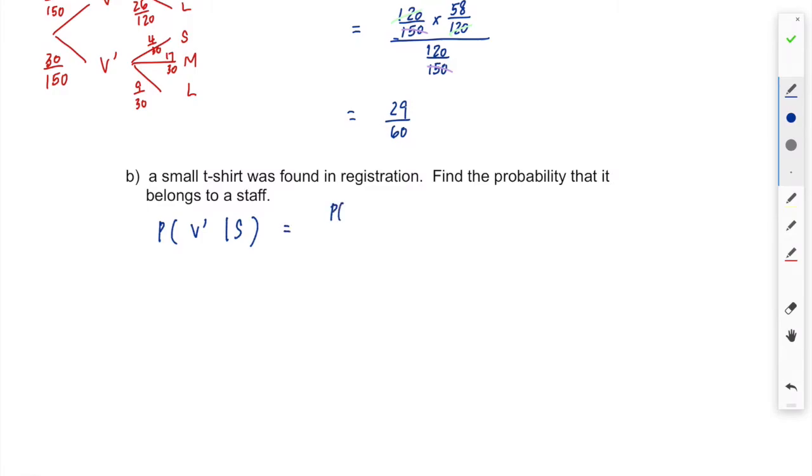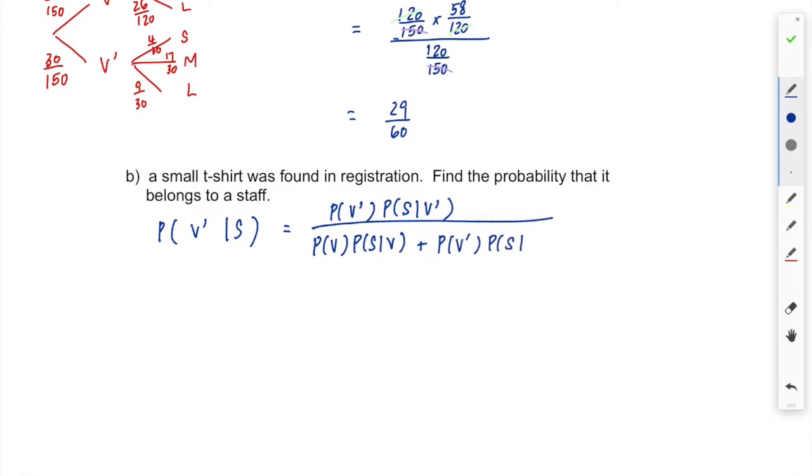This is P of V prime times P of S given V prime, over P of volunteer. So now all the small shirts need to be counted for: P of V times P of small, plus P of V prime times P of small for non-volunteers. Okay, so V prime is 30 over 150.